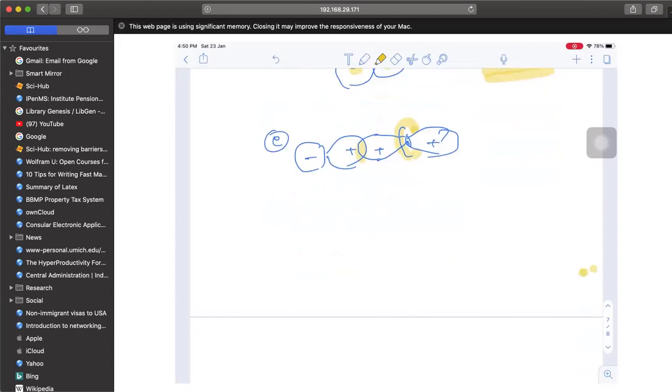And finally the F part. A p orbital interacting with a dz square. This is the negative lobe.